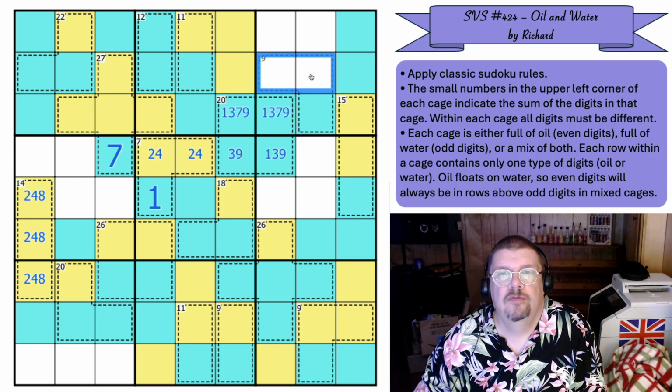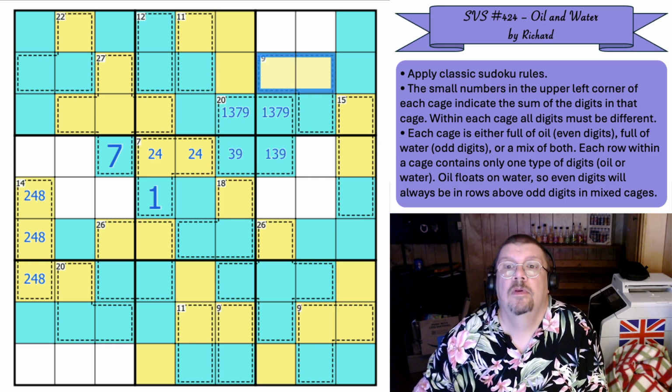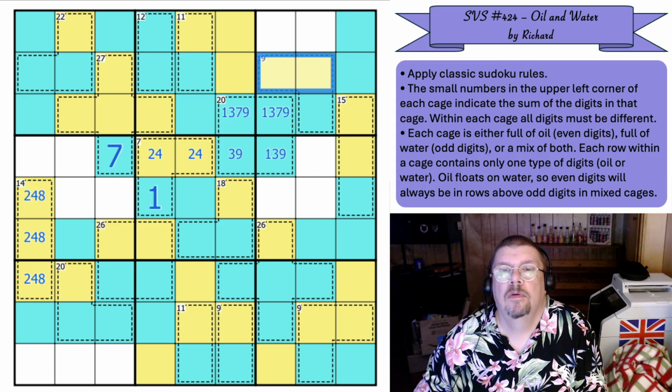For this row, those two must be even. That's an even and an odd. 2 of those are even.